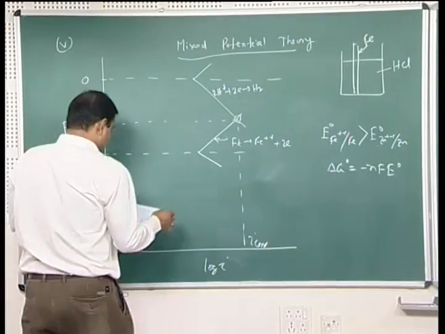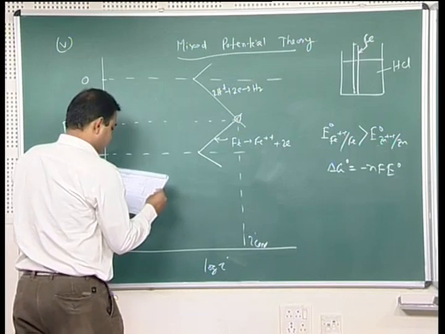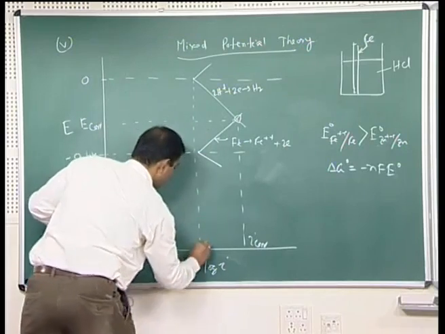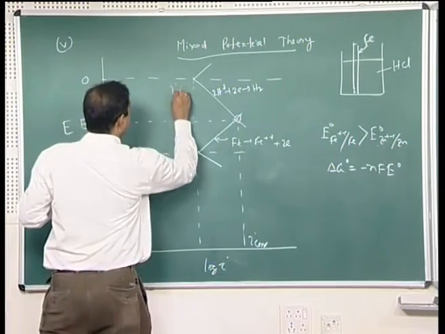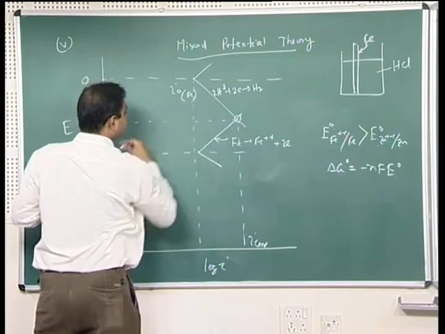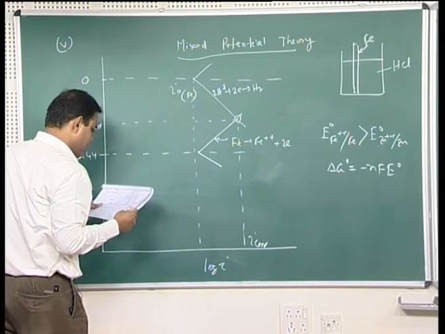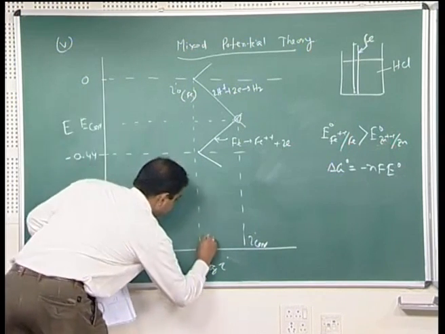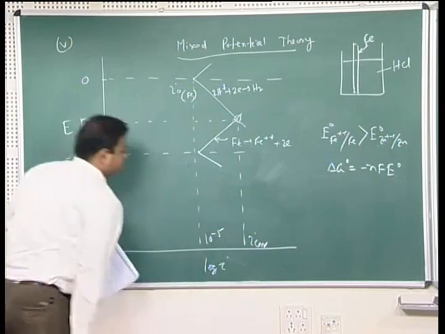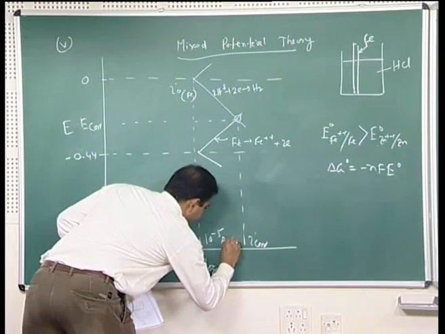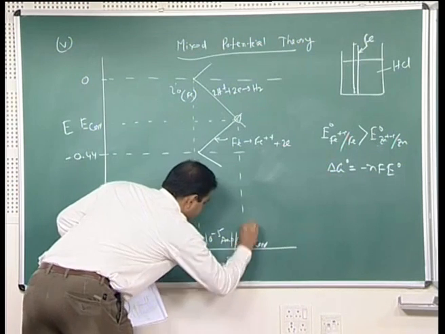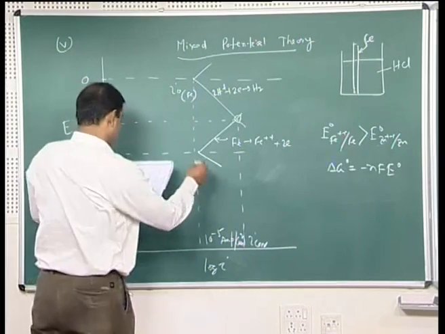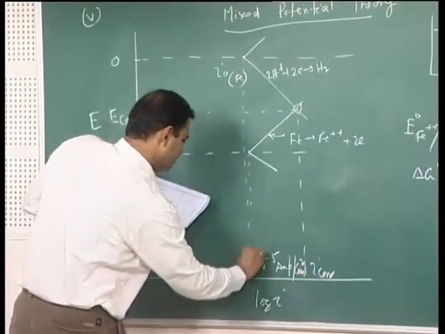If you see the values, this I0 value for hydrogen evolution on iron surface is about, I don't know, of the range of 10 to the minus 5 ampere per centimeter square, and this value is almost on the same level.